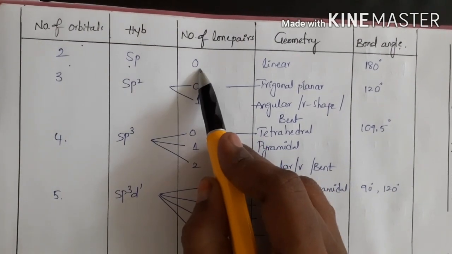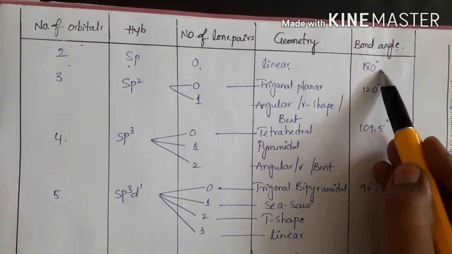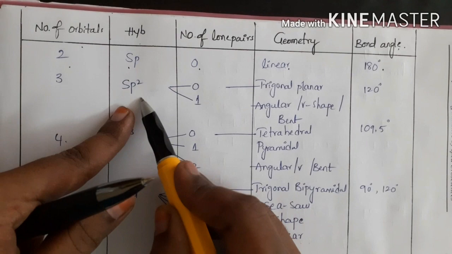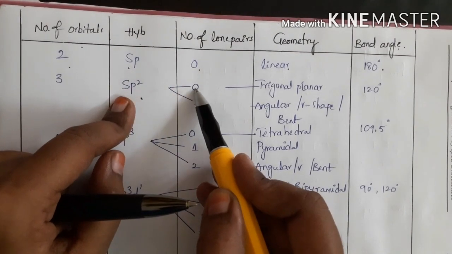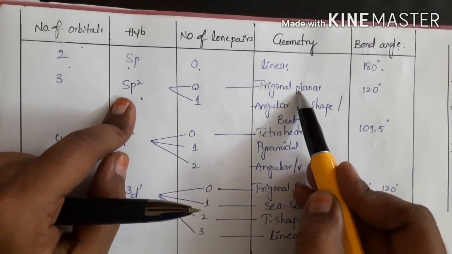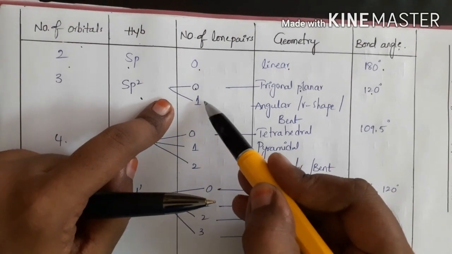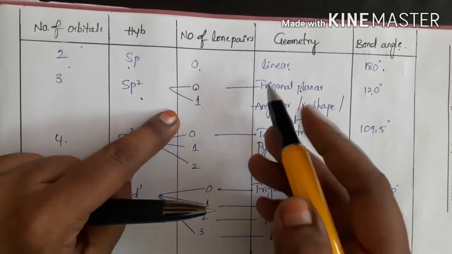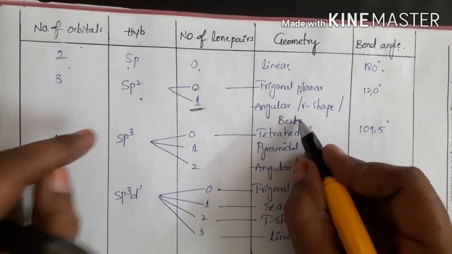If lone pairs are 0, the geometry is linear and the bond angle is 180 degrees. For 3, sp2 hybridization with no lone pair, the geometry is trigonal planar and the angle is 120 degrees. If any lone pair is present in sp2 hybridization, the geometry is angular, V shape or bent.